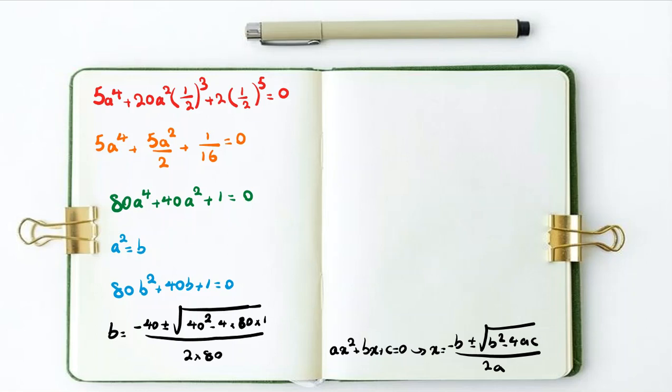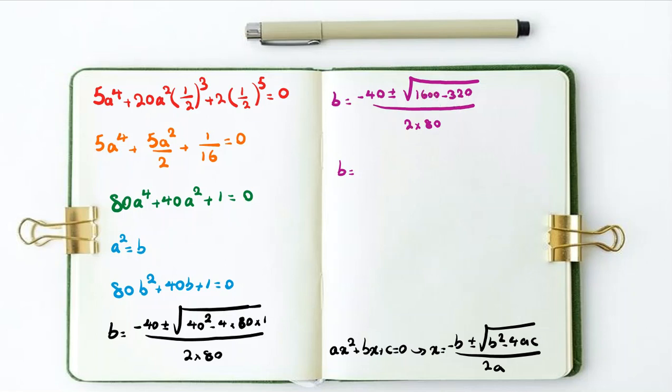Now in the next step, if we want to calculate this part, we can say b equal to negative 40 plus minus square root of 1600 minus 320, divided by 2 times 80. So if we simplify, let's see what we can reach. b equal to negative 40 plus minus square root of 1280. Let's divide by, let's see, 1280 is a multiple of 64: 20 times 64.